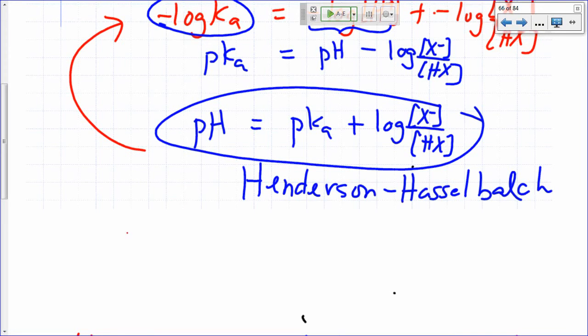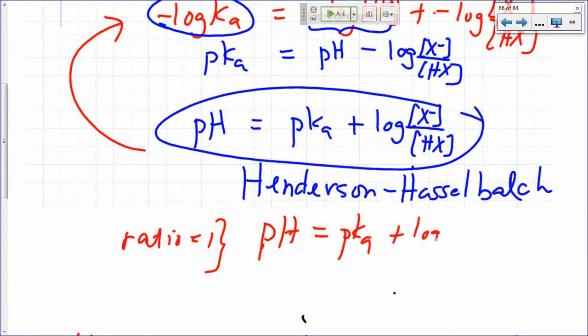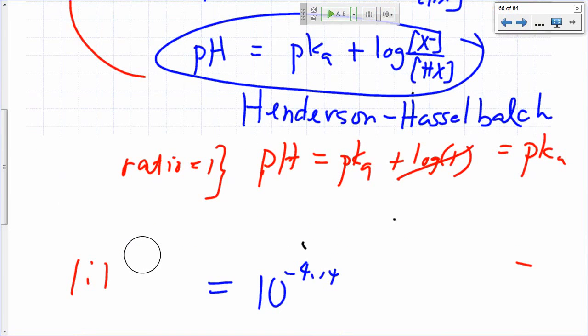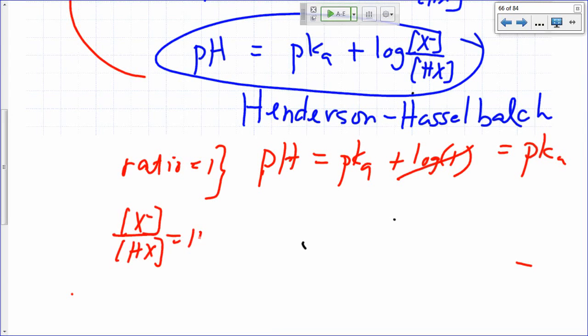Why? What happens if the ratio is 1? Then pH equals pKa plus log of 1. What's log of 1? 0. So pH equals pKa. What happens if the ratio is 10? So what if X minus over HX is 10?